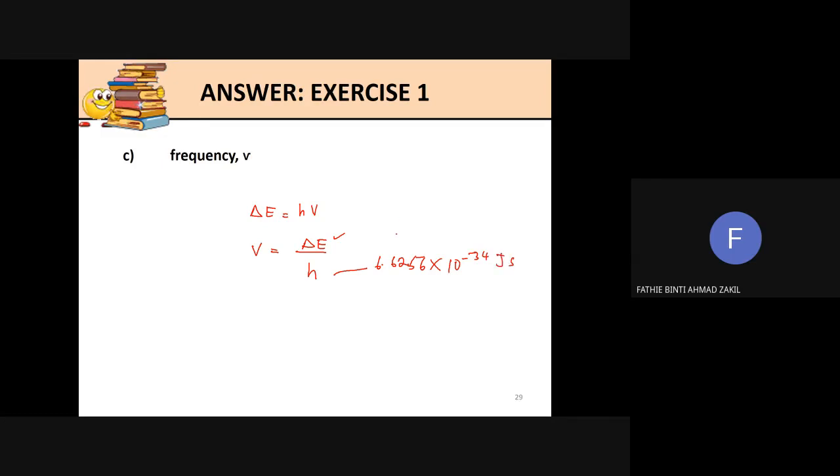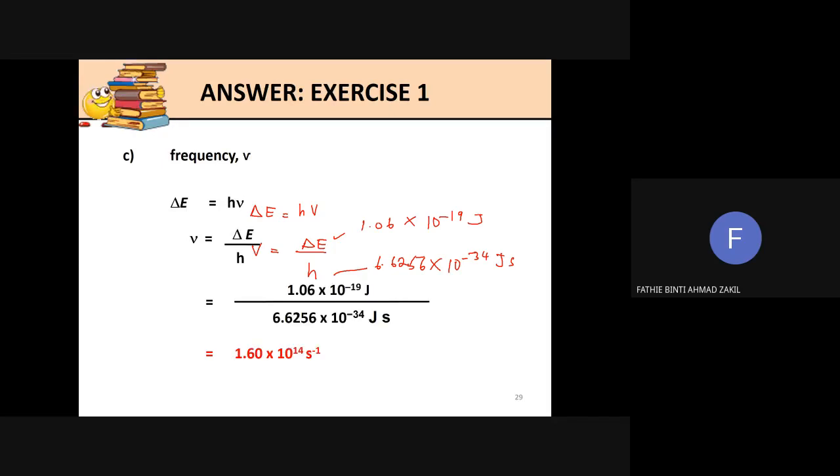So jangan lupa unit. Delta E kat sini adalah 1.06 darab dengan 10 negatif 19 Joule. So dia akan dapat ini. Jangan lupa unit second negatif 1 untuk V. Boleh? Okey tak? Okey.